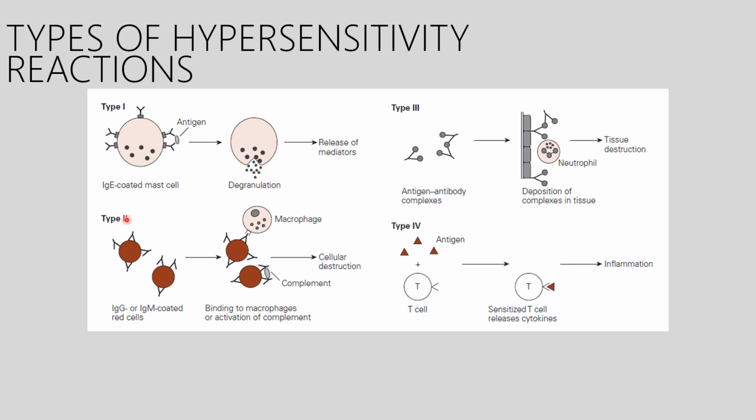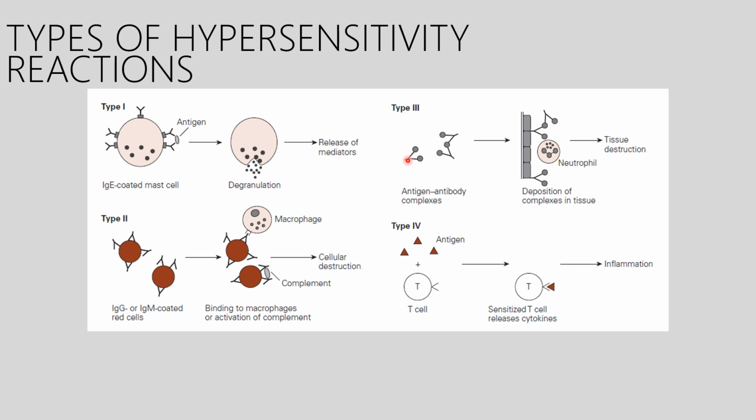In type 2, it is different in such a way that the antigen is bound to the cell surface and the antibody will be the one to bind to that antigen on the cell, and once an effector cell identifies that complex, it will activate either a cell-mediated response like macrophages, or the complement system.